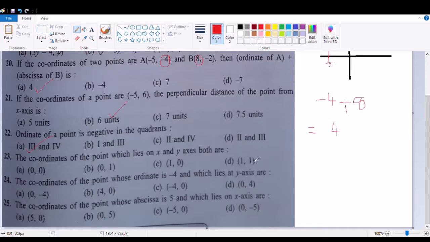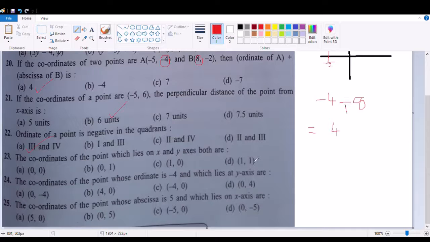Just go through the options: 0, minus 4; 4, 0; minus 4, 0; and the last one, 0, 0.